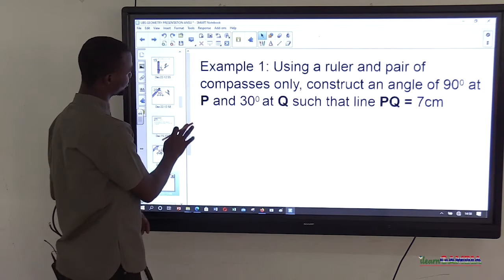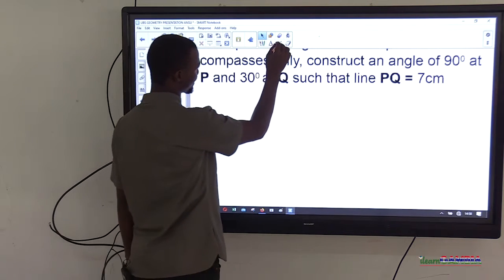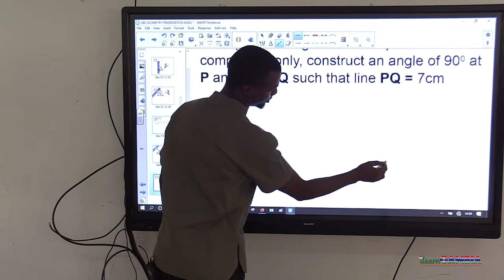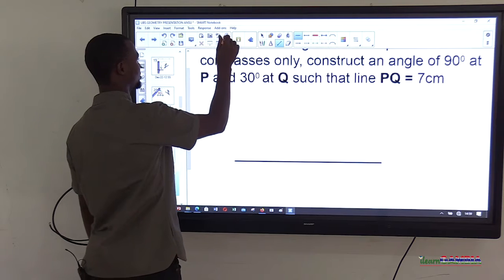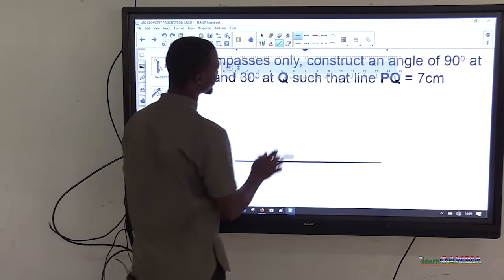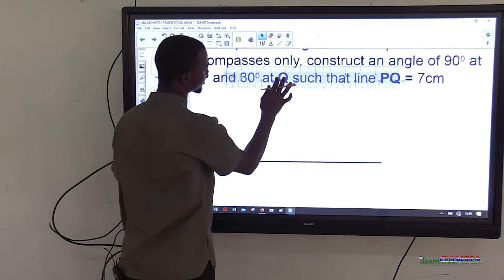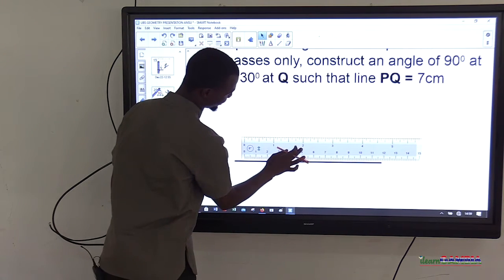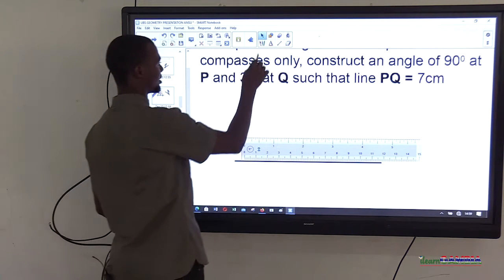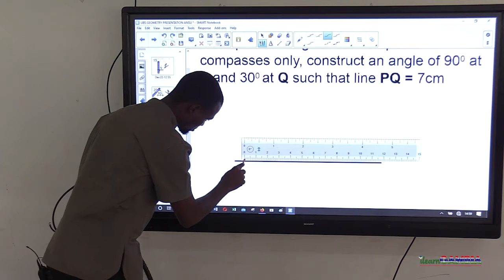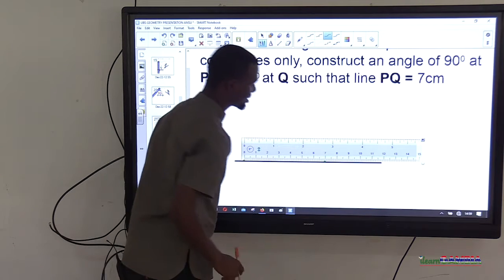First we get the line, 7 centimeters. If you measure, this is going to be the point P, and here is going to be our point Q at 7 centimeters.